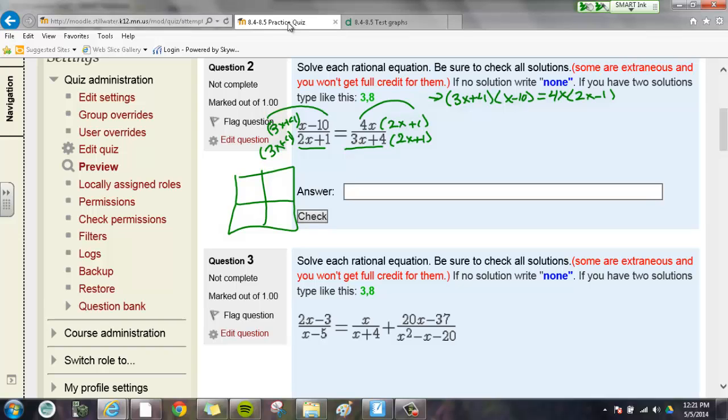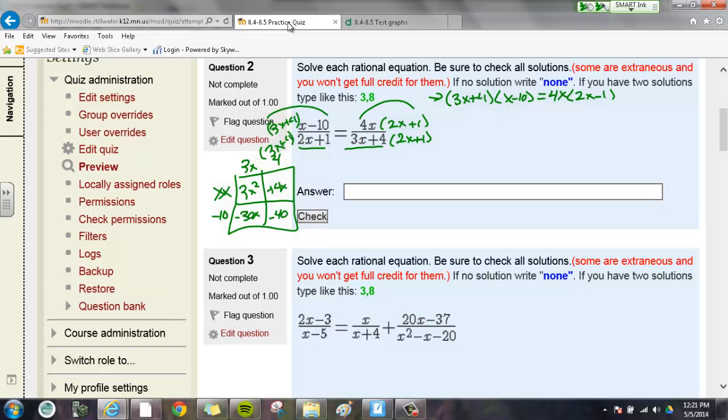You're going to multiply it. So I got a 3x and a 4, and then an x and a negative 10. Oh man, I got a little glitchy there. Okay, so I got 3x squared plus 4x minus 30x minus 40. Okay, so that's the left side.